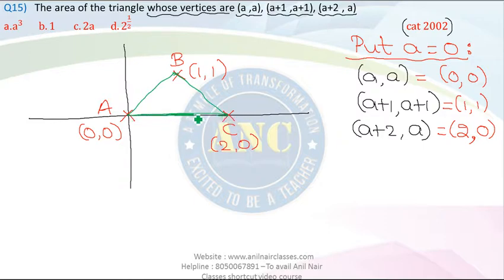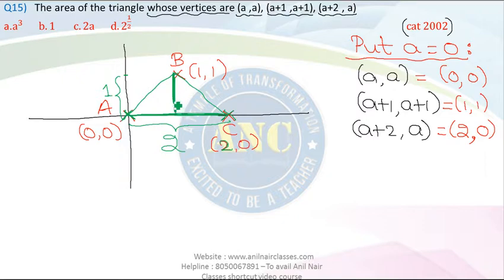Your question is, find the area of the triangle. Now can I say that from this origin till this point C, you have traveled a distance of 2 units, because the x coordinate value here is 2. Similarly, from this point A till point B, you have traveled a distance of 1 unit along the y-axis, or in other words, the height of this triangle is how much?